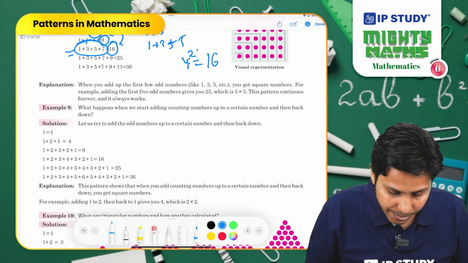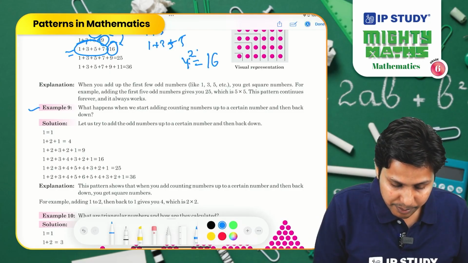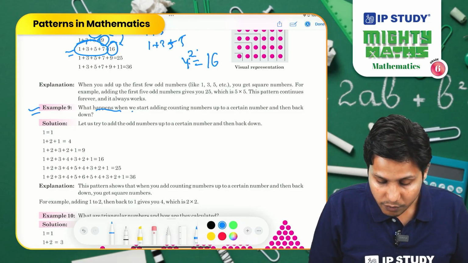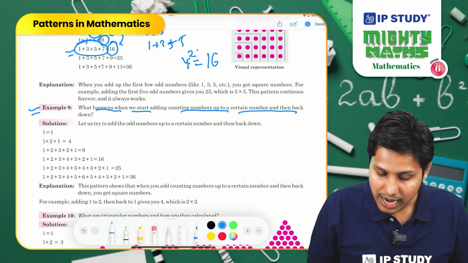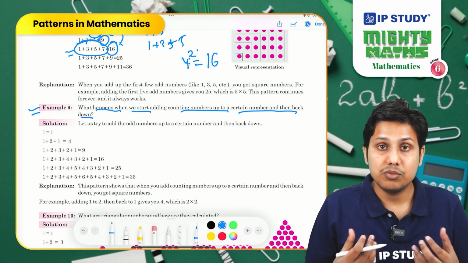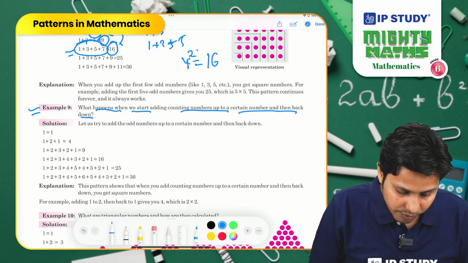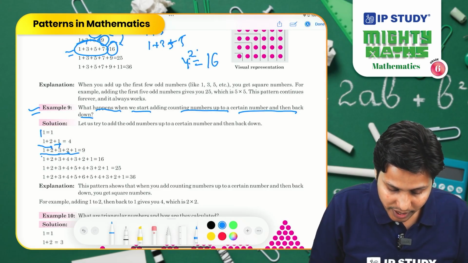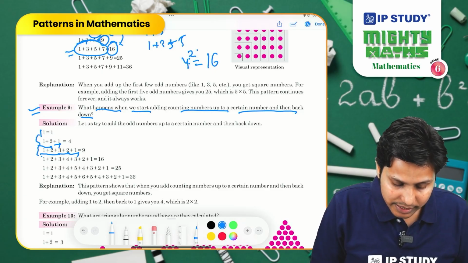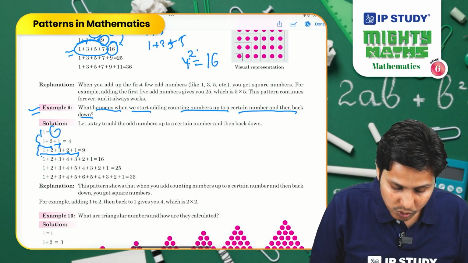Similarly, the 9th example says, what happens when we start adding counting numbers up to a certain number and then back down? Let us observe what happens. So in this, if we add 1, then 1 till 2, then 1 again, then 1, 2, 3, then back to 1. If we add like this, we are getting square numbers again.